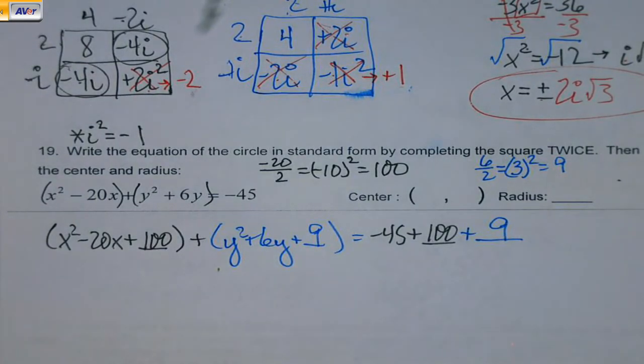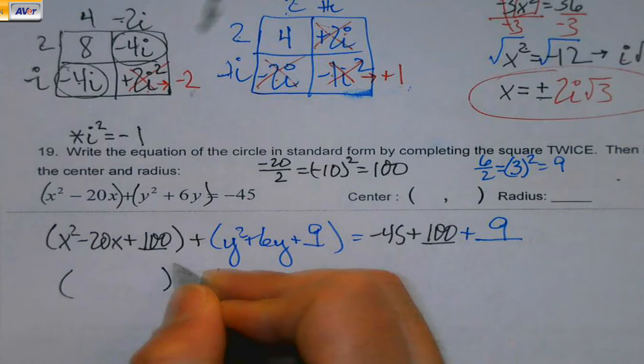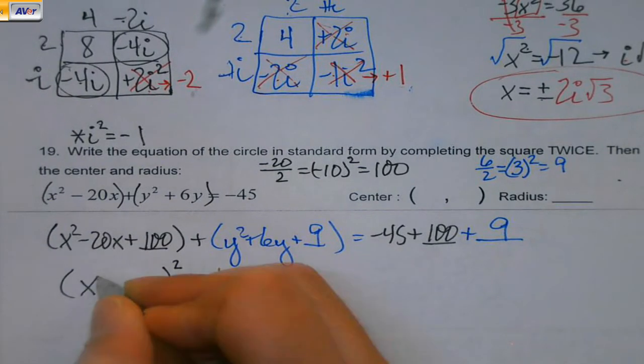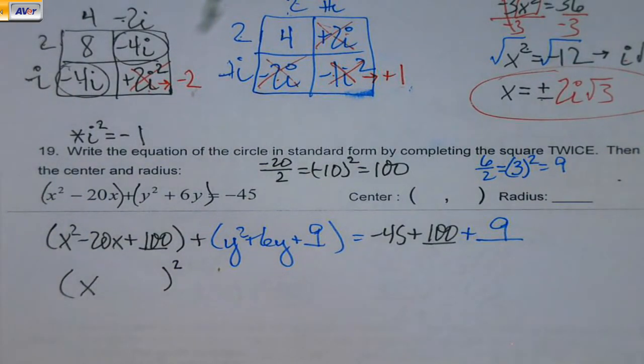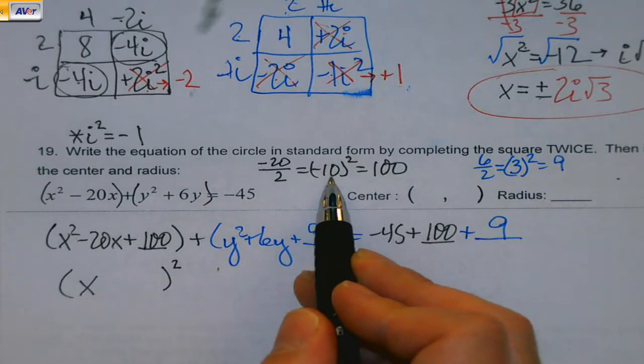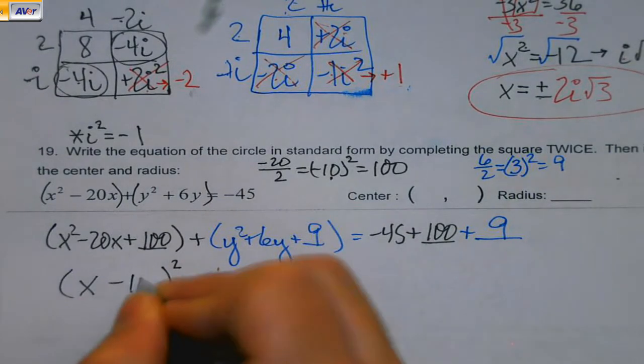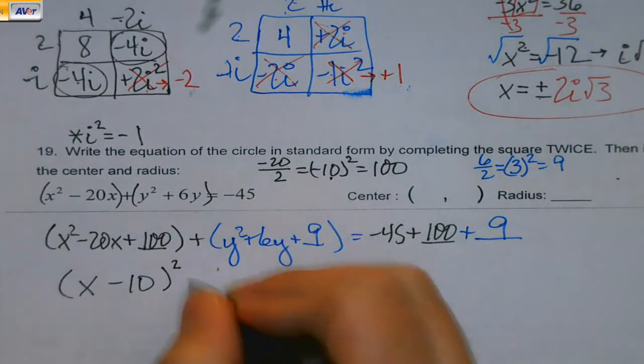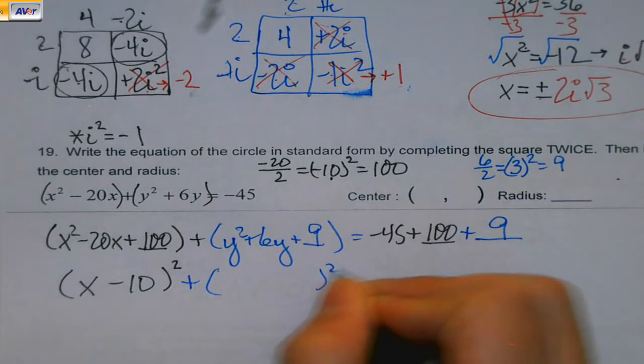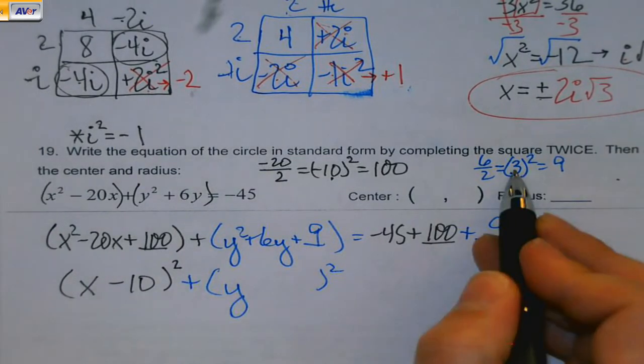And then the actual step of getting into the standard form is the easy part. We've done the hard part. Because remember, to get the binomial form, you just take your b divided by 2 number, the number in parentheses. And we do that for the x. And we do that for the y.